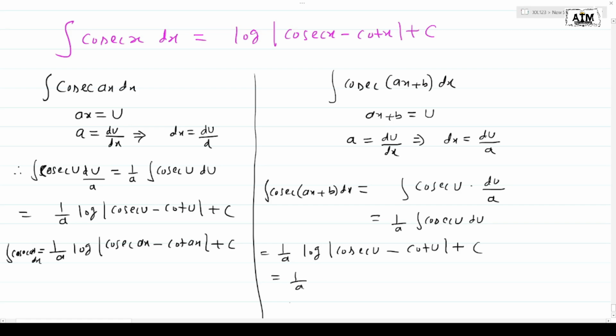Putting back the value of u, log cosec of ax plus b minus cot of ax plus b modulus close plus c. This is the integration of cosec of ax plus b with respect to x.